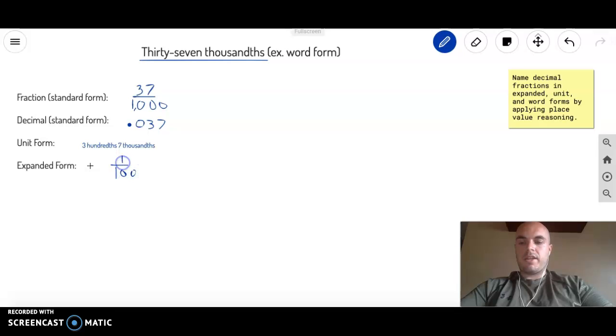Remember, expanded is multiplication. So I have 3 of those, so 3 times that, put in parentheses. Your addition is pretty standard for expanded form. Only thing we're adding is this fraction part, and then 7 thousandths. So 7 times 1 over 1,000.